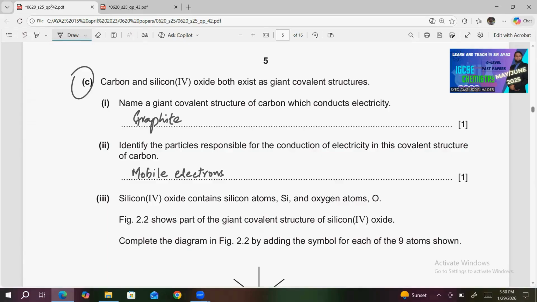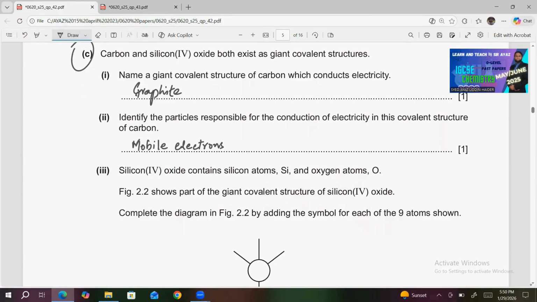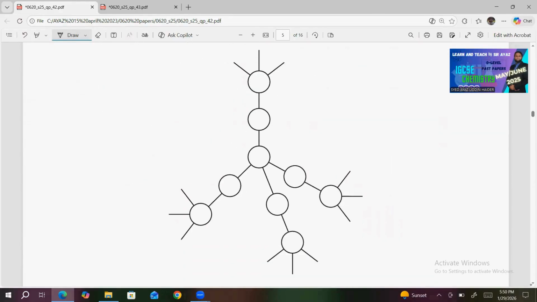Number 3, silicon 4 oxide contains silicon atoms, Si, and oxygen atoms, O. Figure 2.2 shows part of the giant covalent structure of silicon 4 oxide. Complete the diagram in figure 2.2 by adding the symbol for each of the 9 atoms shown. So how are you going to draw? I'm going to place silicon between oxygen atoms.